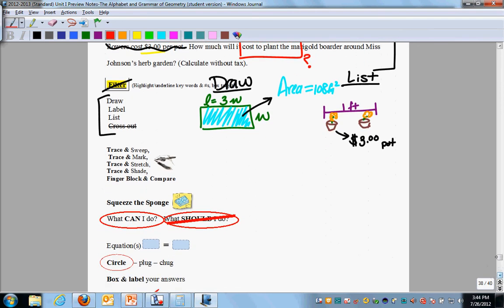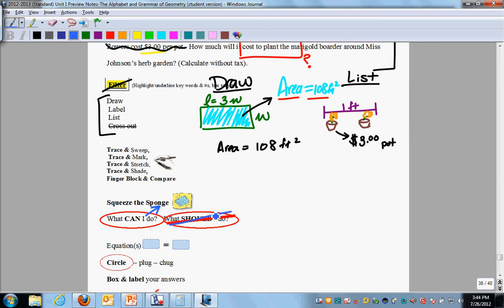Okay, so again, what can we do, not what should we do? Well, we're given information about area, so let's start with that. Area equals 108 feet squared. Can you write the area equation out? Well, sure. It's something you can do. Should you do it? Don't ask should do.